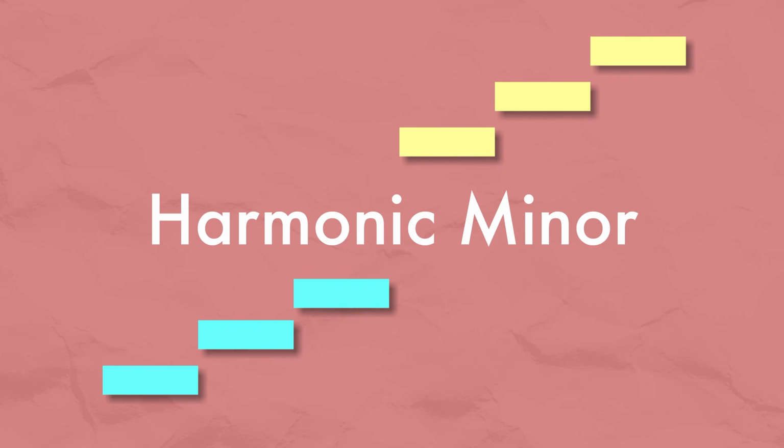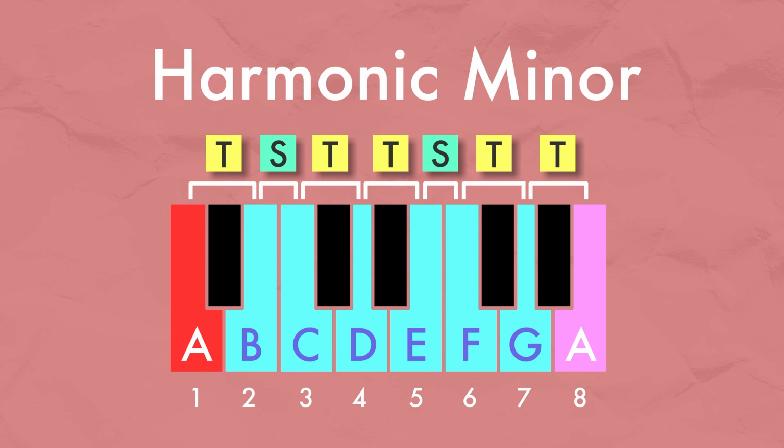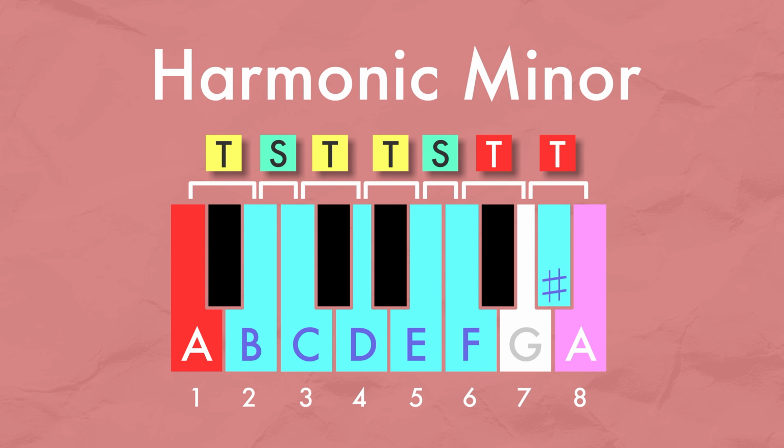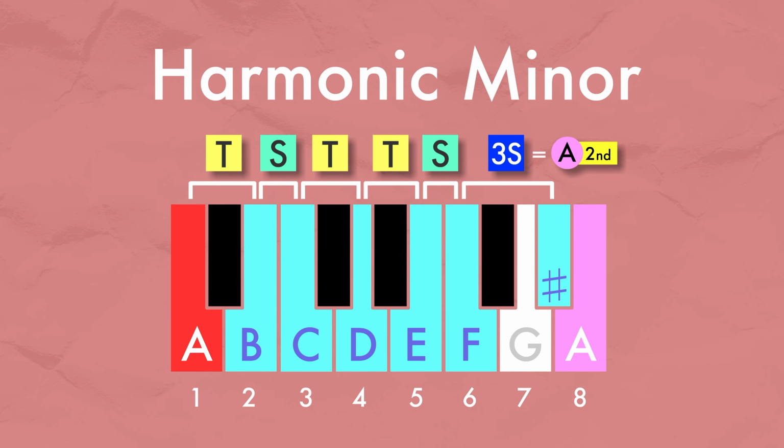The harmonic minor scale. The harmonic minor scale is very similar to the natural minor scale, but we raise the 7th degree by a semitone. So instead of having the 2 tones at the end, we have 3 semitones, or an augmented second interval, between the 6th and the 7th, and a semitone from the 7th back to the octave.